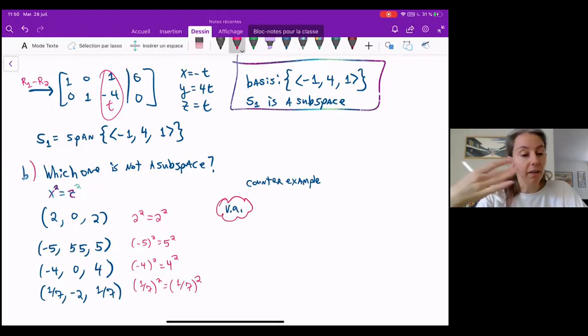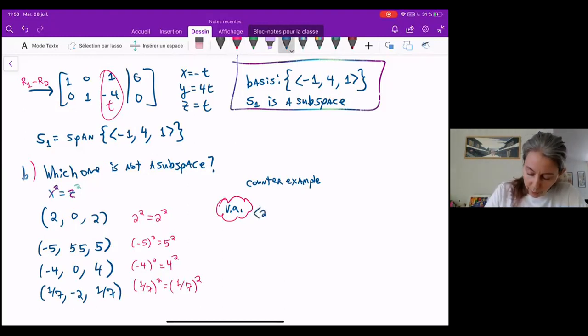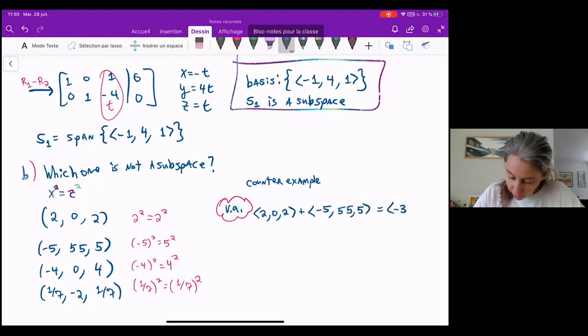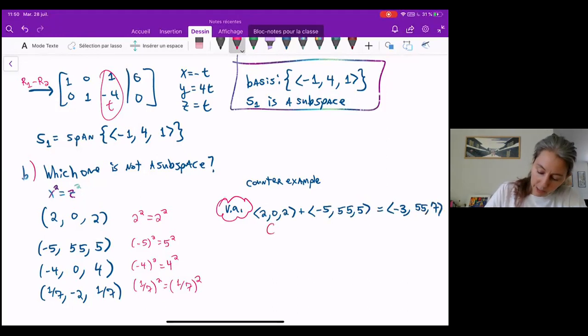Because I was creative, I have negatives and positives. So if I do (2, 0, 2), which I know is in the space, and I add to it (-5, 5, 5), I end up with (-3, 5, 7).